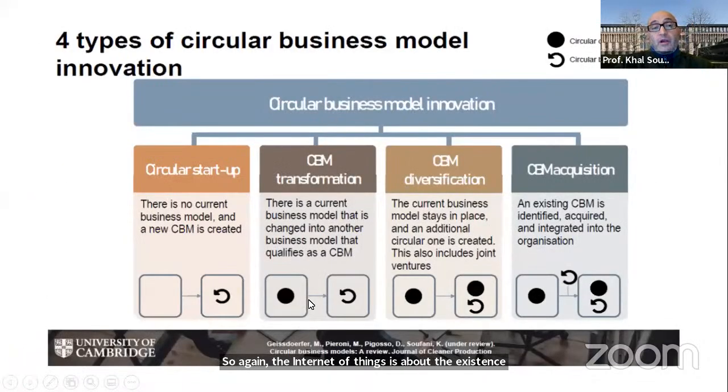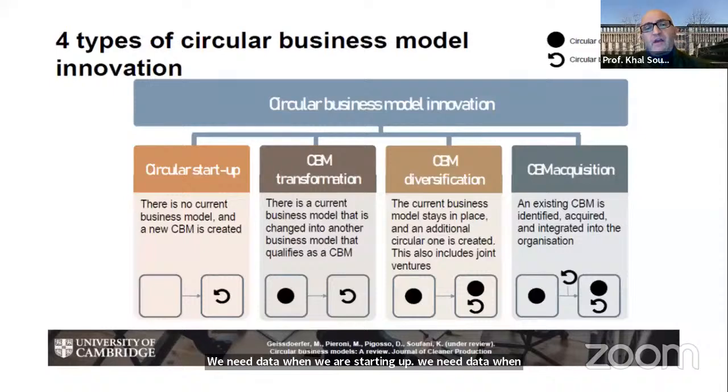Now, you remember in the last webinar, we talked about circular business model innovation. When you think about circular business model innovation, about starting up, transformation, diversification, and acquisition, we need data about all of these things. We need data when we are starting up, when we're transforming, when we're diversifying.